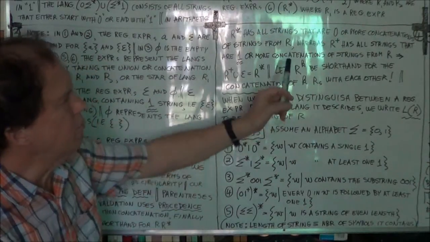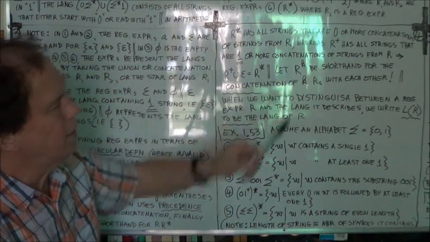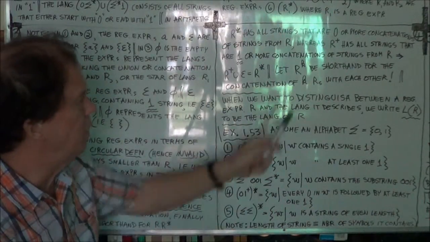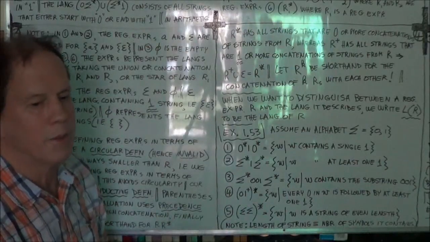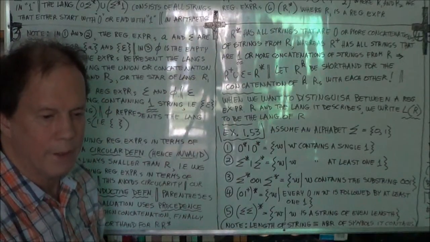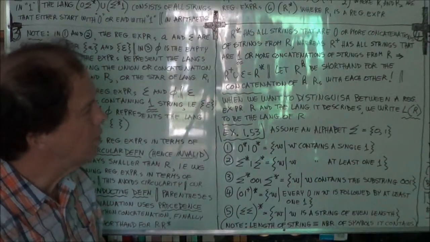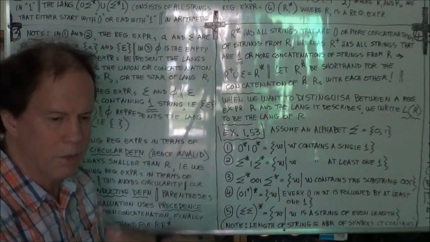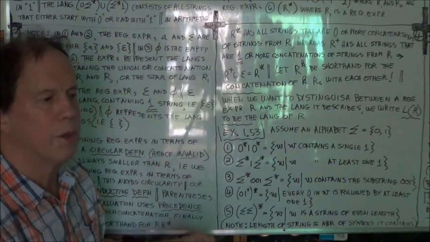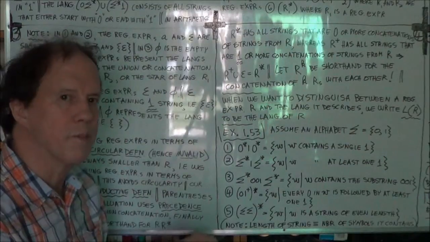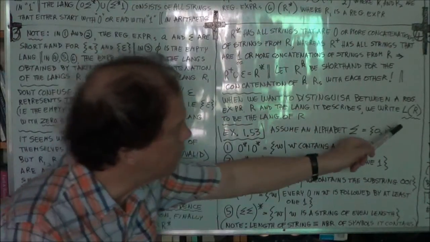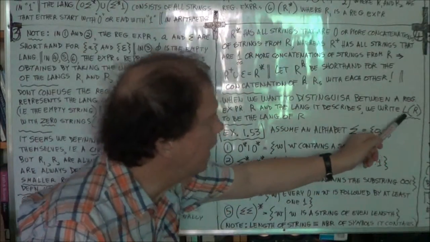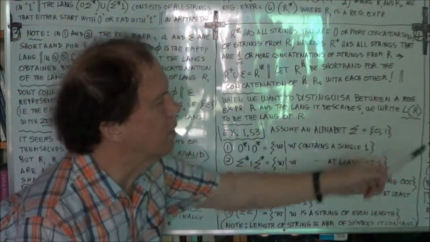Now we've been sort of mixing, and it's been a bit confusing. Sometimes we look at R as a regular expression, hence big R. Sometimes we look at it as a language of strings. So if you really want to be clear that you're talking about the regular expression, that would be R. But if you want to talk about the language the regular expression describes, you tend to write it this way: L of R. That would mean the language that R describes.